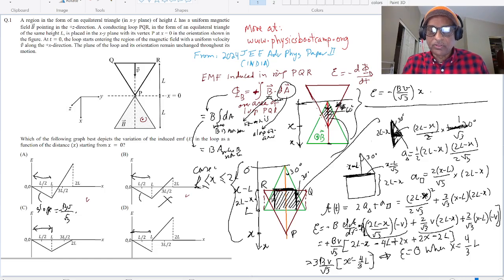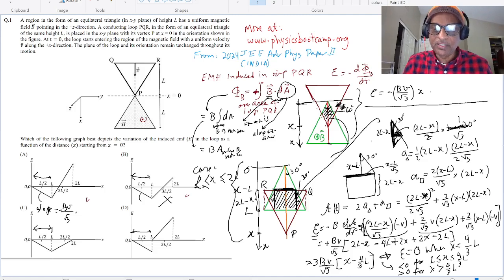And it also says that the EMF will be negative for x less than 4/3 L, and then positive for x greater than 4/3 L. So this is the EMF, right?